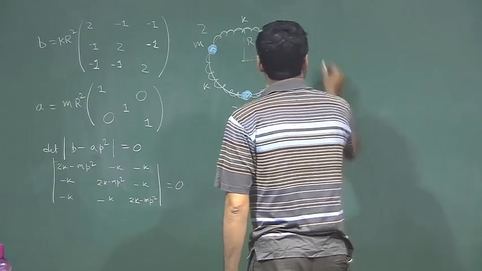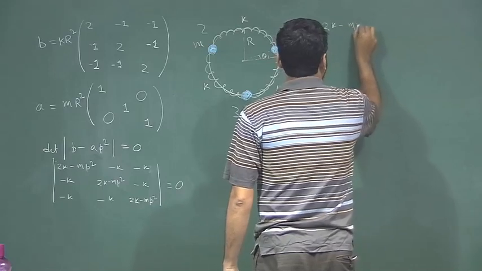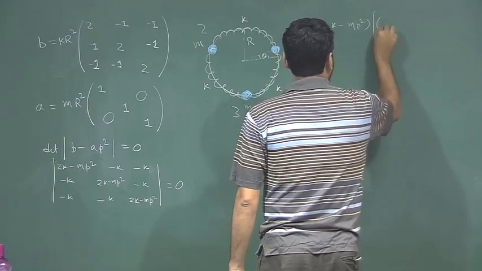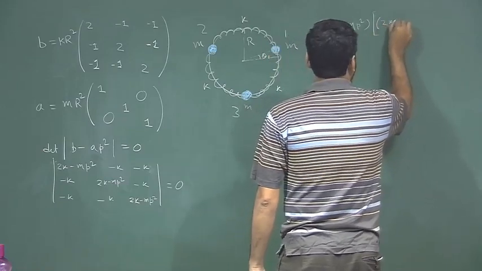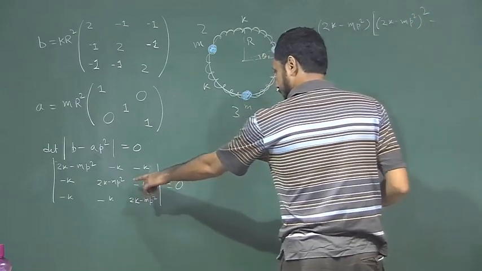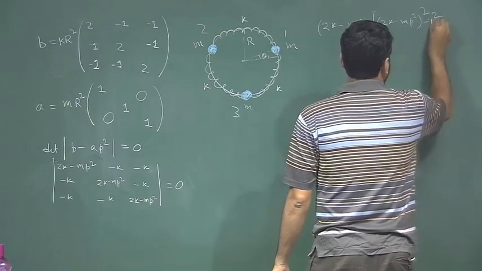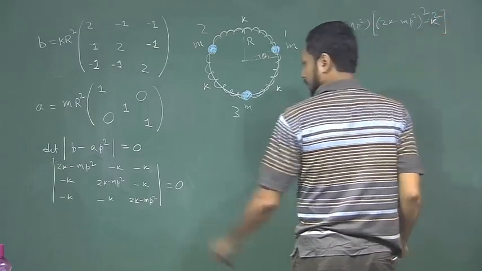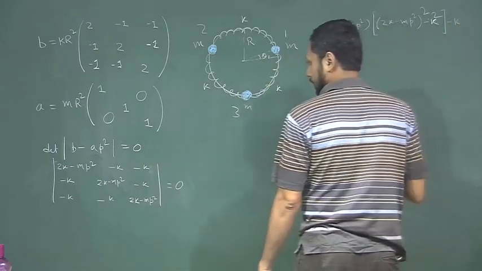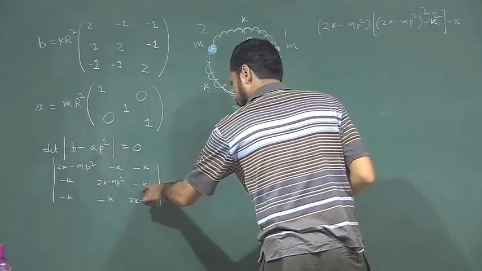So, if we do that, it will be 2k minus m p square outside, and inside bracket we will have 2k minus m p square whole square minus k square, and we have second term which is minus k. So, we have to do this minus this.